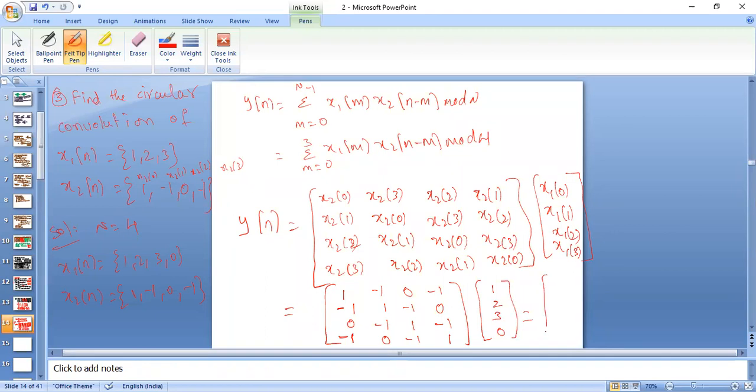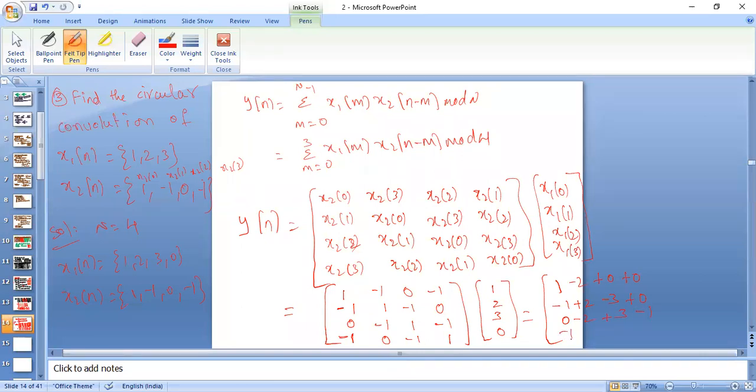Let us multiply these two. 1 into 1, 1 minus 2 plus 0 plus 0. Next minus 1 plus 2 minus 3 plus 0. 0 minus 2 plus 3 minus 1.